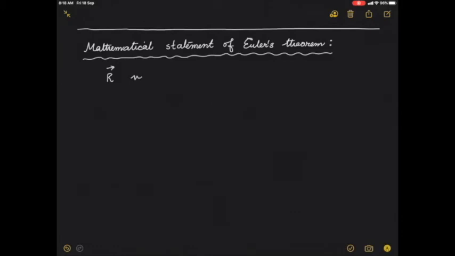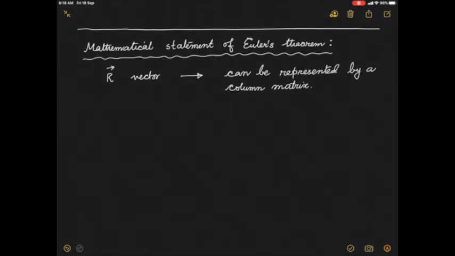So now if I have r as a vector, r is a vector, I can represent this by a column matrix.